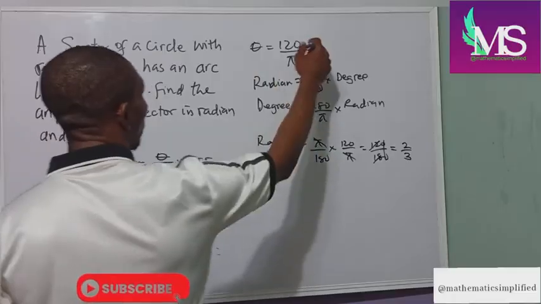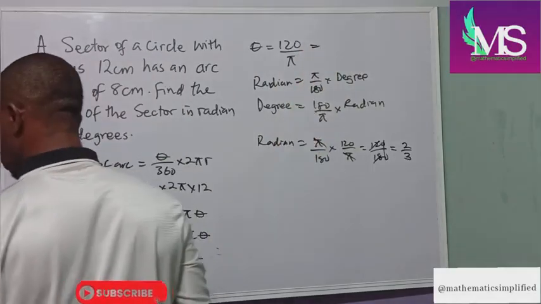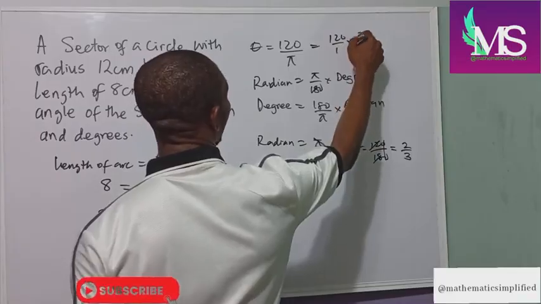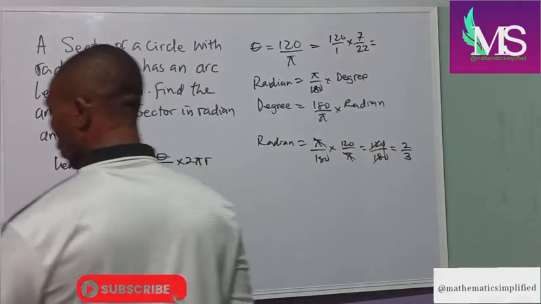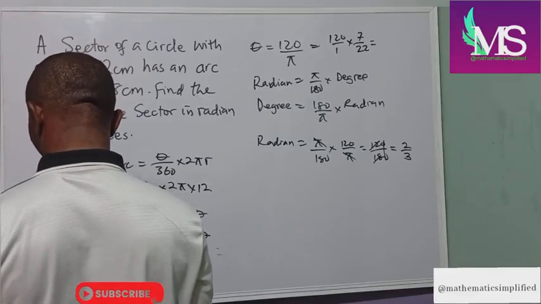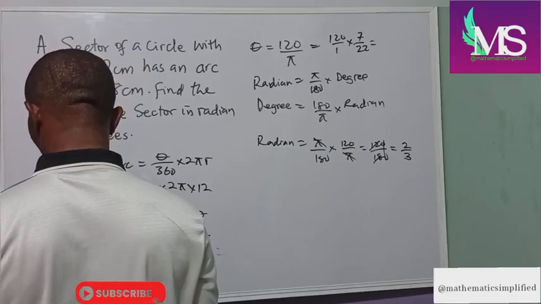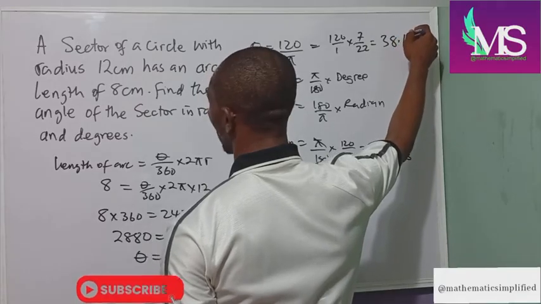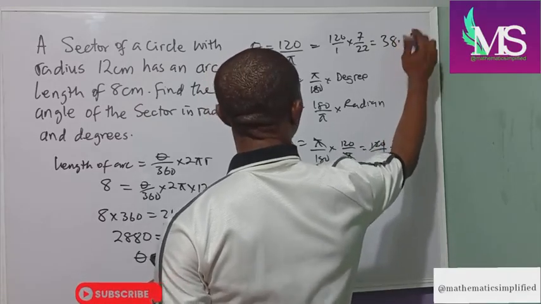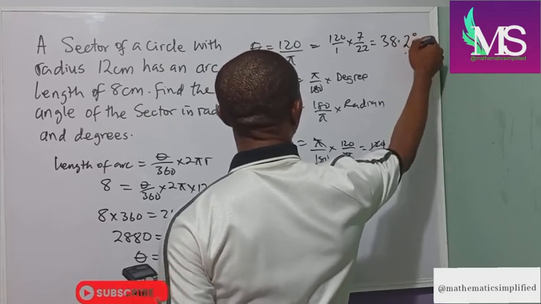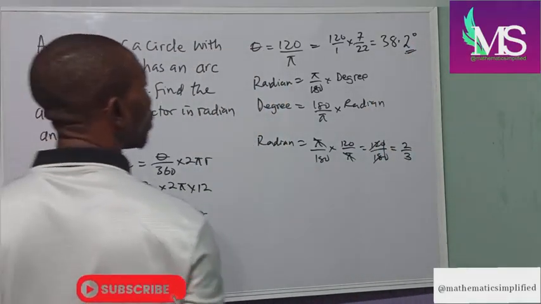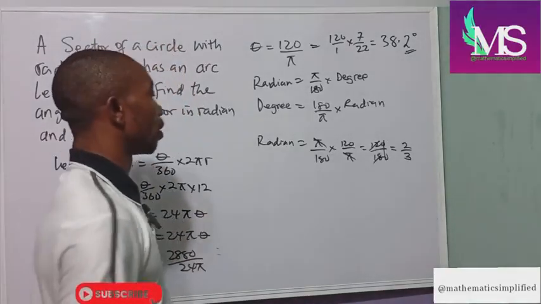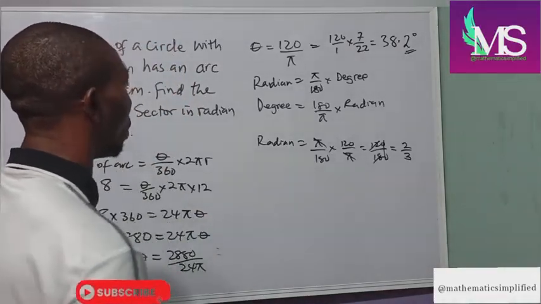While in degrees, converting this to degrees, this will be 120 divided by 3.142, which will give us 38.2 degrees. So this gives us 38.2 degrees, while our radian is 2 over 3 radian.